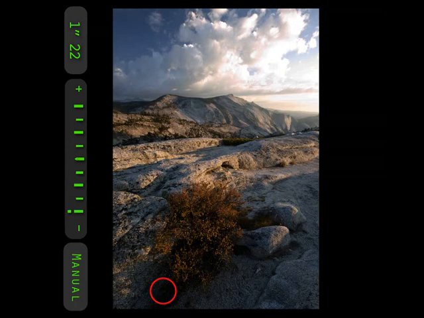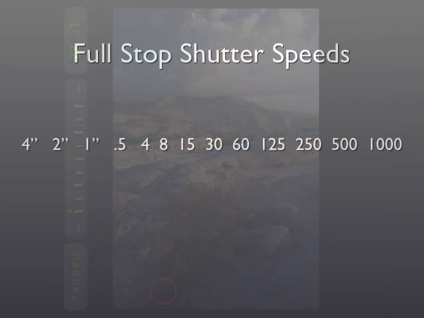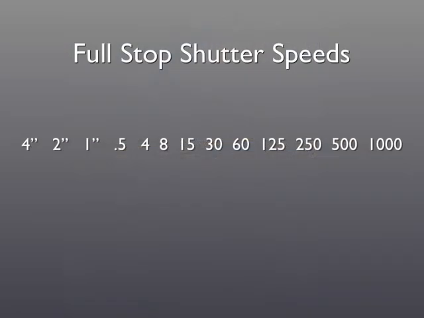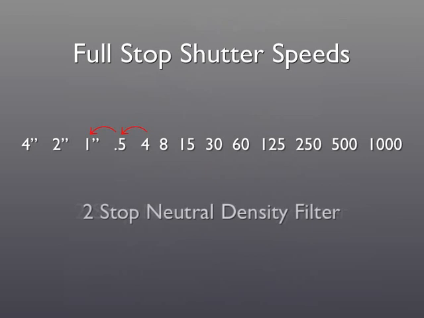So we went from 1/4 of a second to 1 second, and when we calculate that out, that's a movement of 2 stops. So a 2-stop neutral density filter will do the trick.